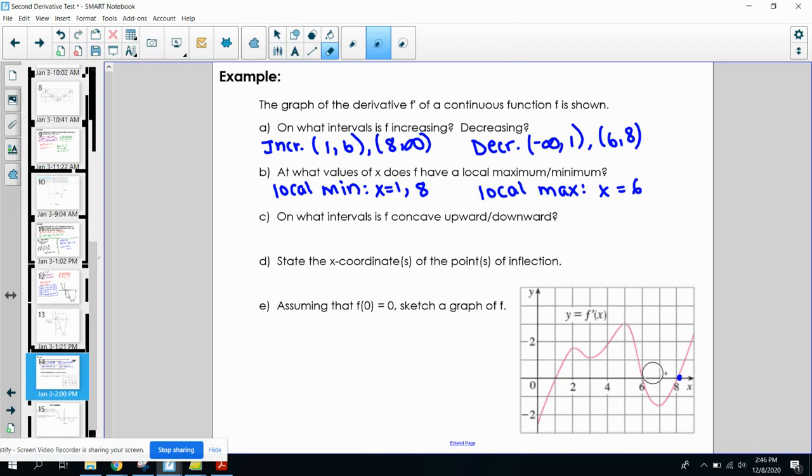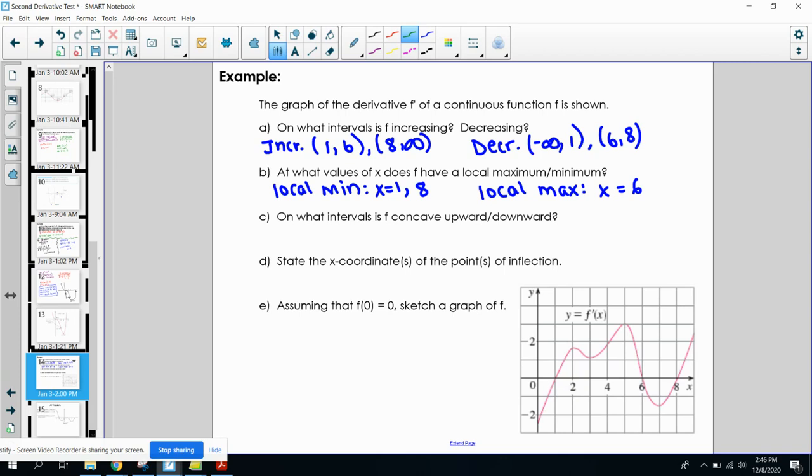Okay, so I'm going to get rid of that. On what intervals is f concave up or concave down? Now we're dealing with concavity, which is dealing with the second derivative. Since we have the graph of the first derivative, we're looking at the derivative of this. If the original graph is concave up, on the actual graph it would look like a cup. But on the first derivative graph, we're looking to see where the slope is positive, because the slope is the derivative.